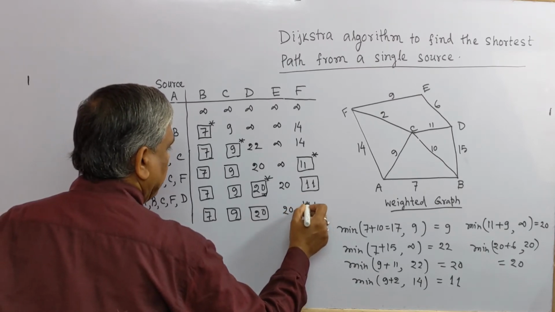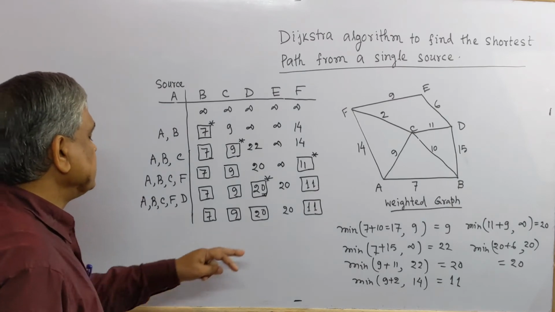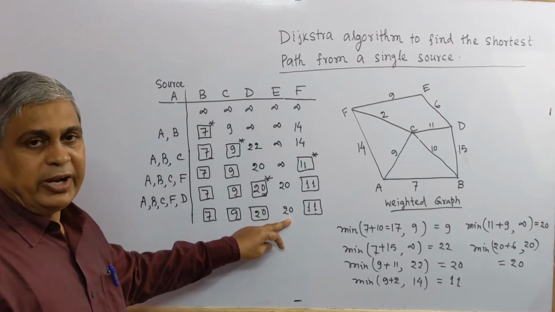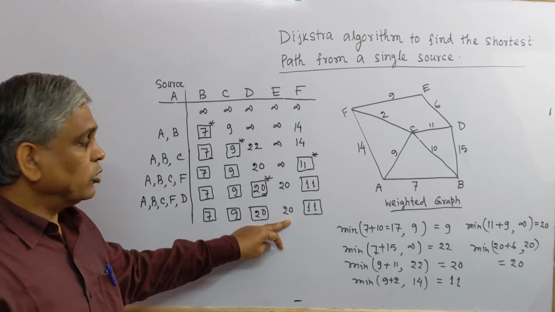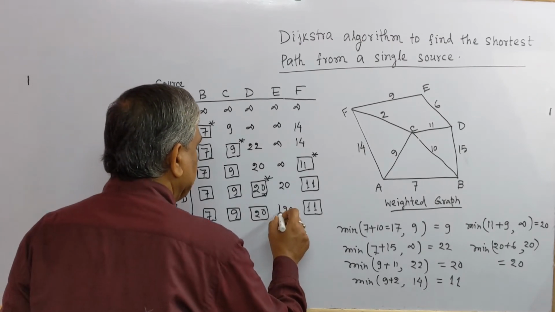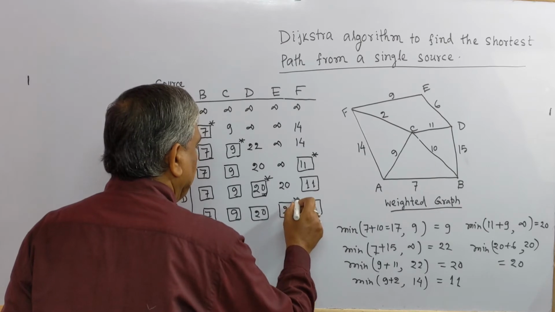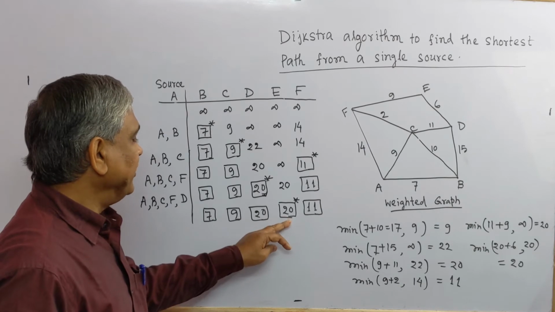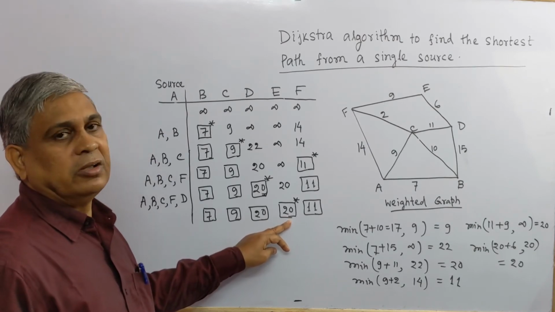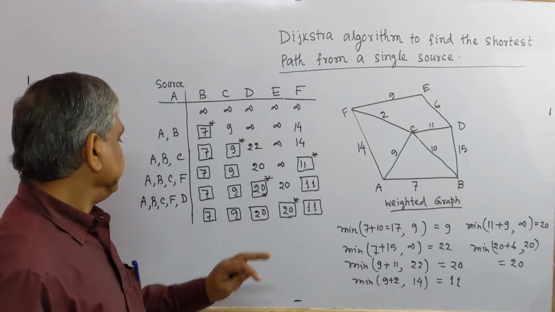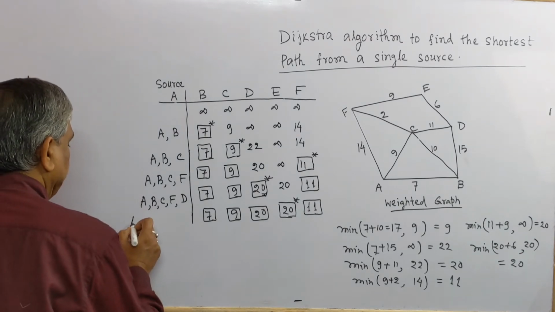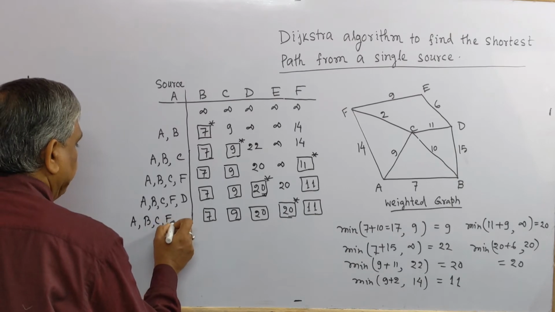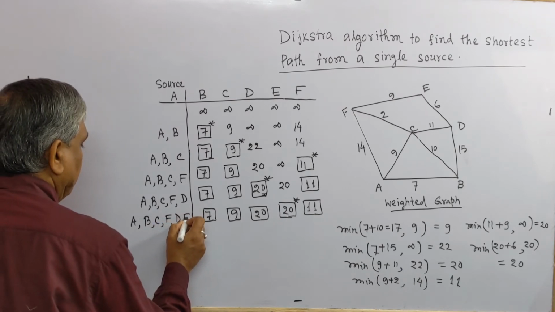Here 11. Now only one vertex, E, remains. Here we have a single number, 20. So we select this, and we have no vertex left to find the distance from E. So here we write A, B, C, F, D, E.